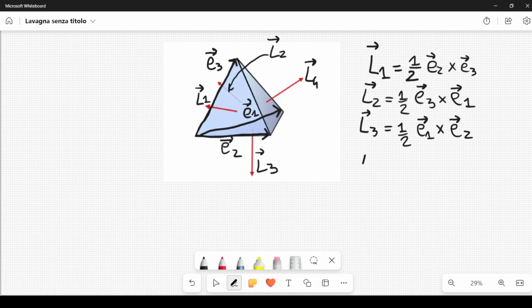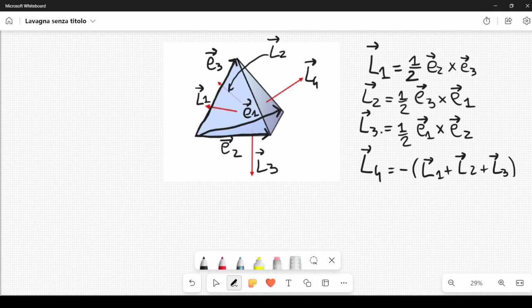Now with a simple calculation it is possible to show that L4 is equal to minus the sum of L1 plus L2 plus L3, and this can be done quite easily if, for example, you express this vector here as the difference between E1 and E2, and similarly you can express this vector here as the difference between E3 and E2. And by doing the calculation you can show this simple formula.